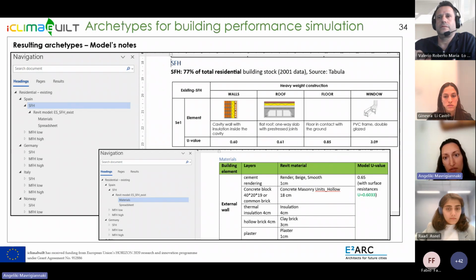So for each specific archetype now that represents a country and a use of building and a specific period, we collected the information about the construction type and materials used, and recorded the sequence of layers as described in the sources, and then the respective layers that were used in our Revit model to create the model representation of the archetype.